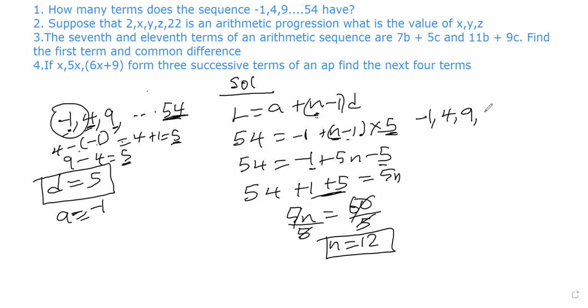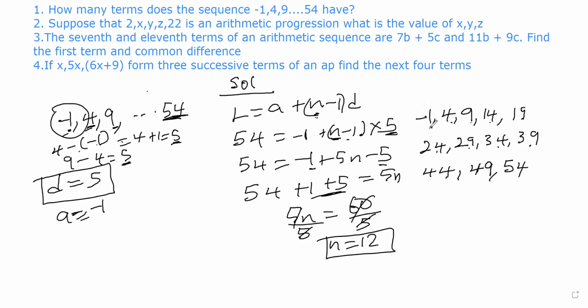Add 5, we'll have 14, then 19, 24, 29, 34, 39, 44, 49, and adding 5 again gives us 54.